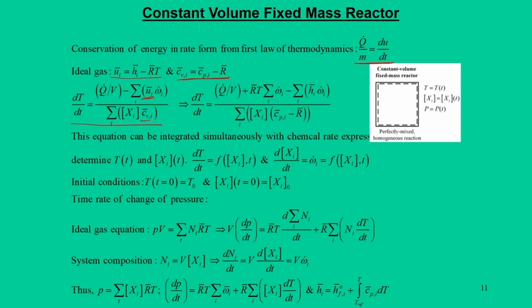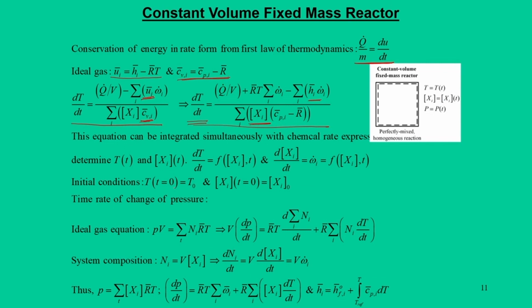Again, instead of specific heat at constant pressure we have used specific heat at constant volume. With only these changes, one can write the equation for dT by dt in this form, and since internal energy and enthalpy are also related, another equation can be framed by including enthalpy terms here. Then again in this equation also we can look into how the concentration of species i changes.